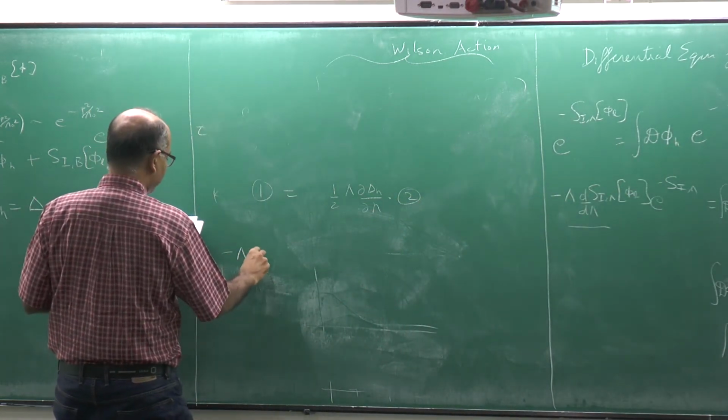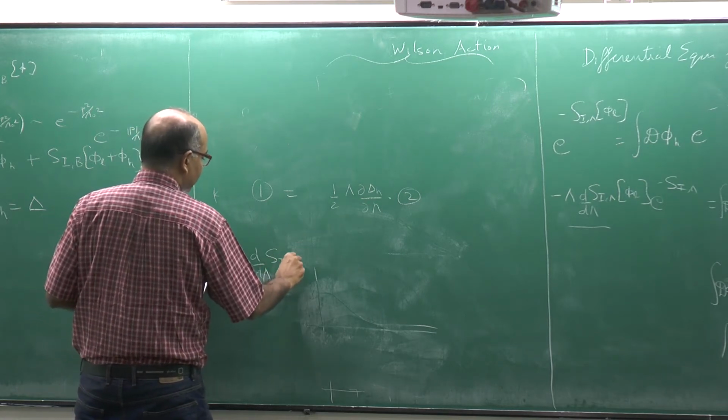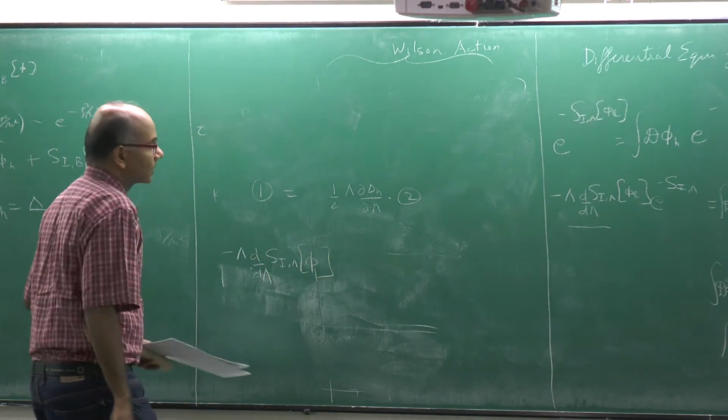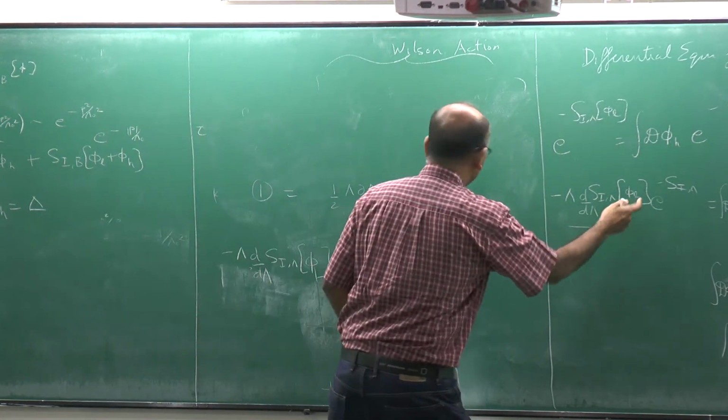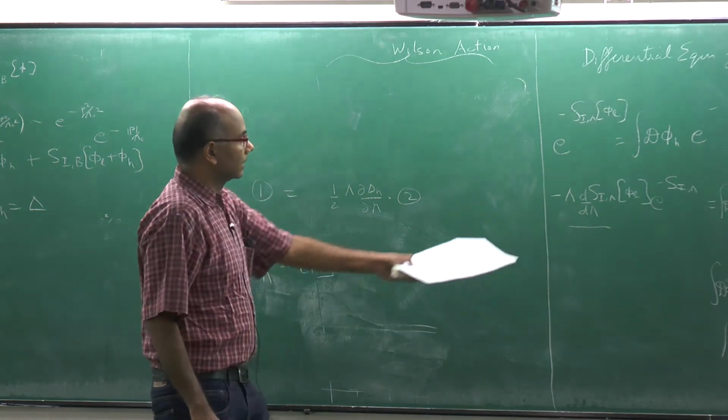So you get minus lambda d d lambda of psi lambda phi. Now the final variable you can call it phi L or you can call it phi, doesn't matter. So this is what this gave.